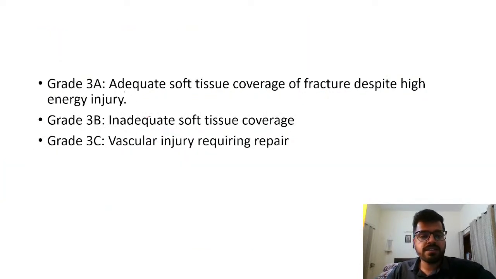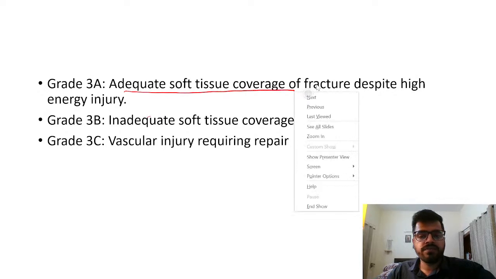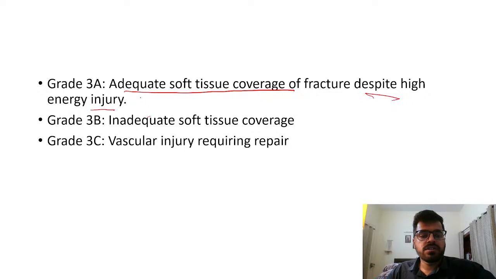Grade 3A has adequate soft tissue coverage despite the high energy injury. So we don't need soft tissue coverage procedures. We have adequate soft tissue coverage of the fracture despite the injury. That is a 3A. Then 3B is inadequate soft tissue coverage.